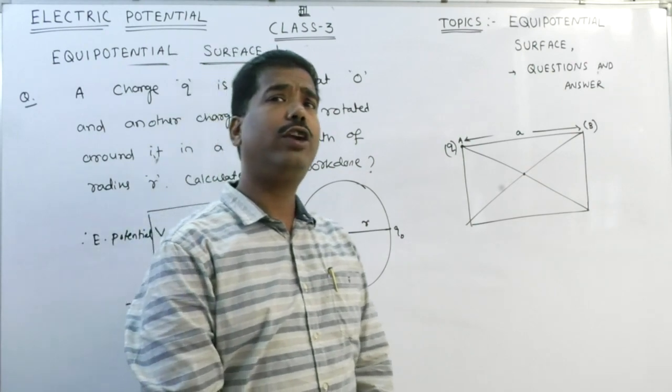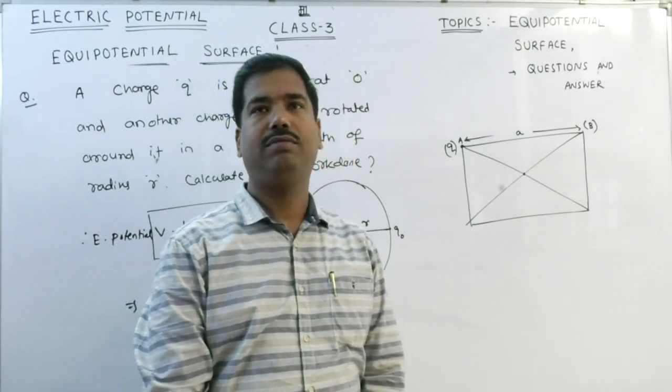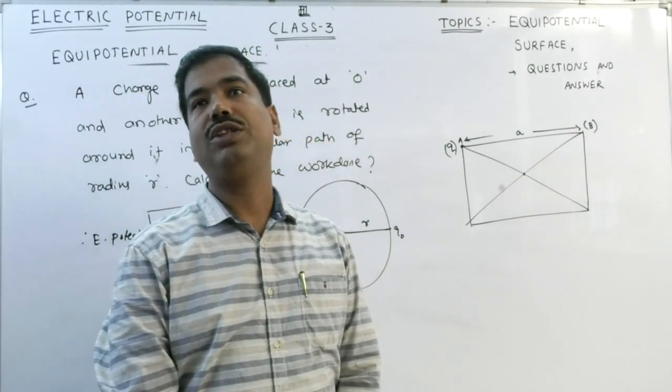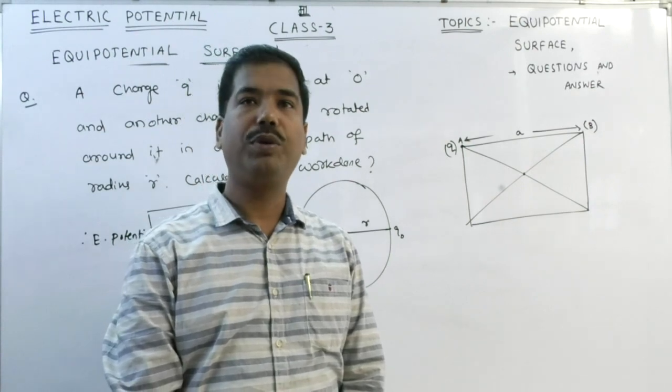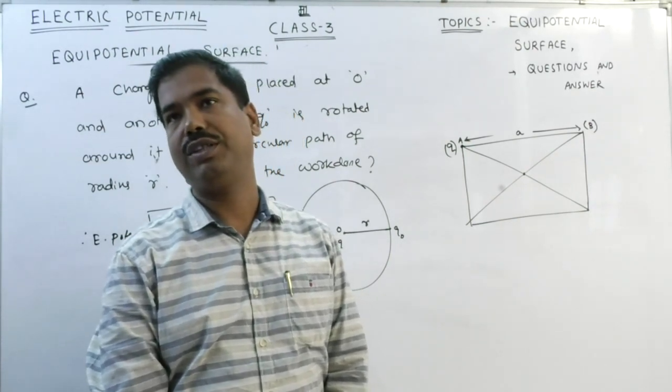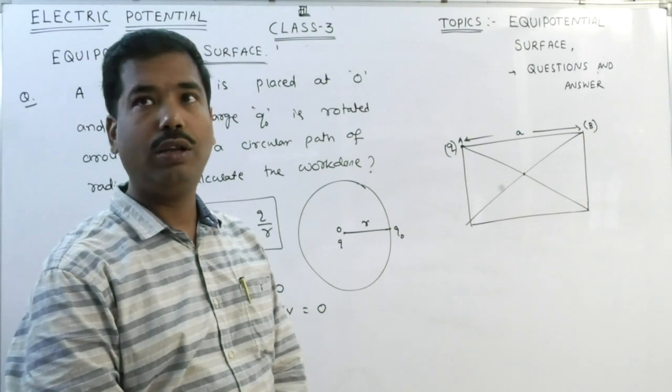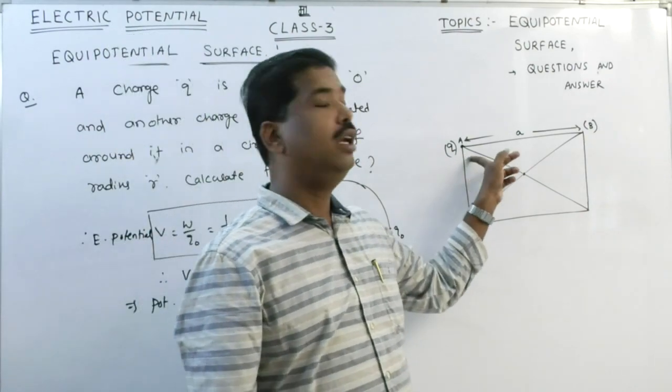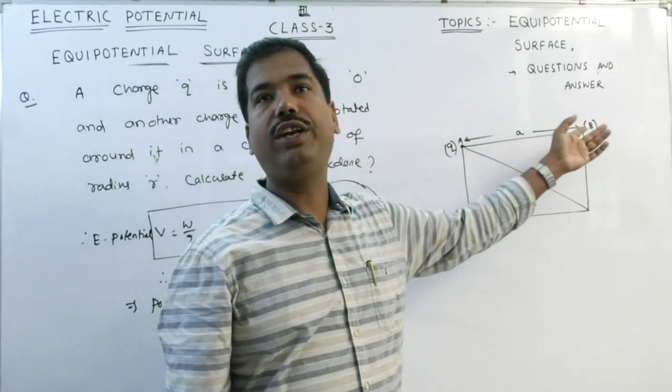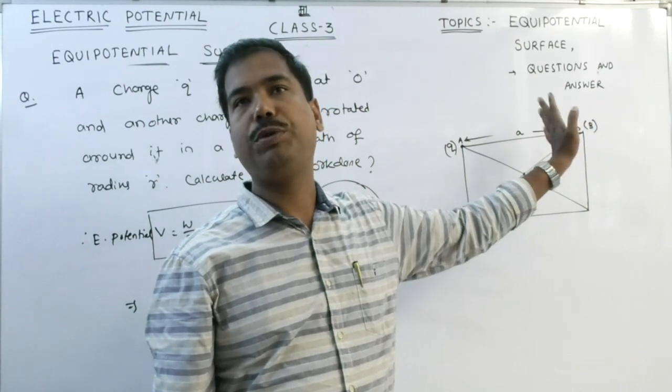Listen to me. Whenever we talk about a conductor, on the conductor the potential difference is 0 because it behaves as an equipotential surface. All conductors behave as equipotential surfaces. Clear? So in such a condition we can treat it as an equipotential surface, and work done is 0.